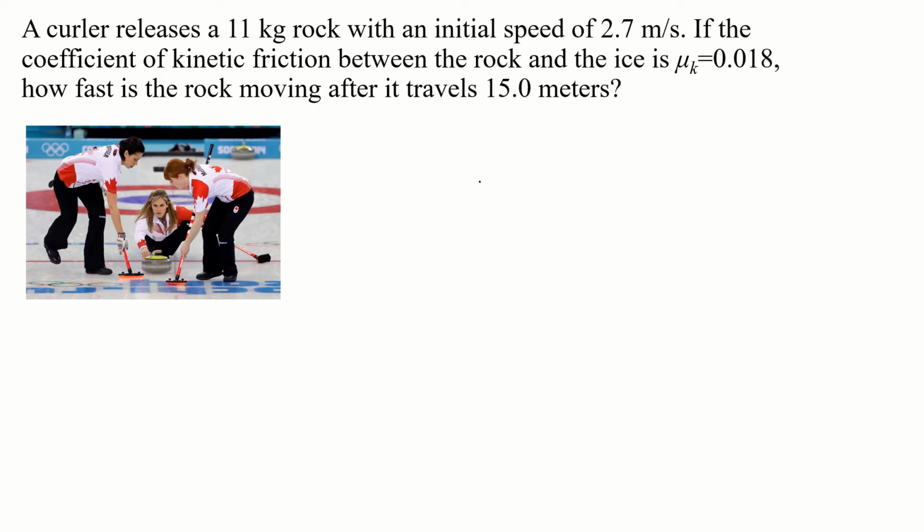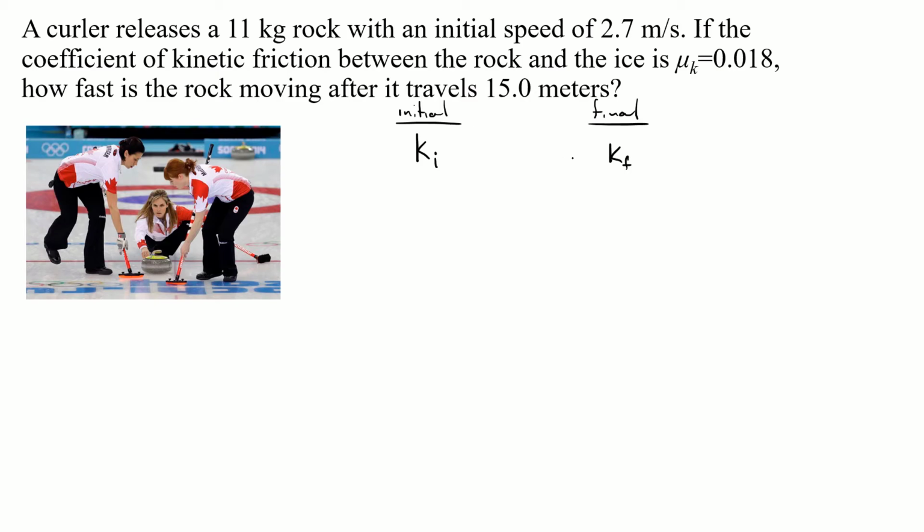Right. So if we want to solve this using energy, essentially we want to figure out what is the energy at the start of this. So initially there is some kinetic energy, Ki. And at the end, there's going to be some other final kinetic energy, which is essentially what we're trying to figure out.